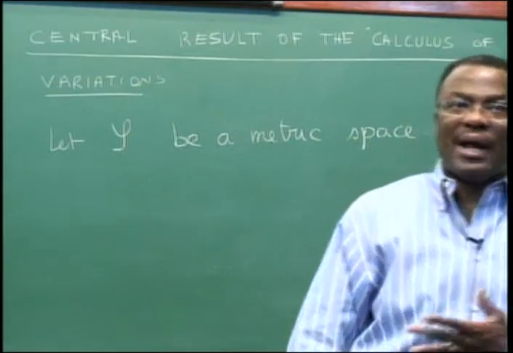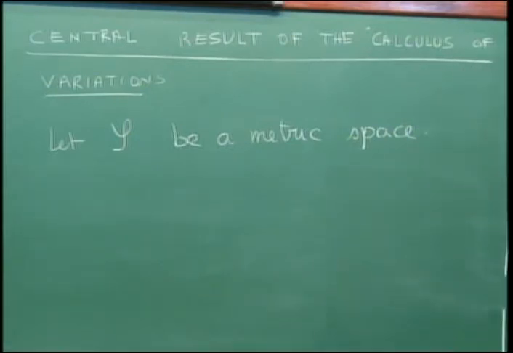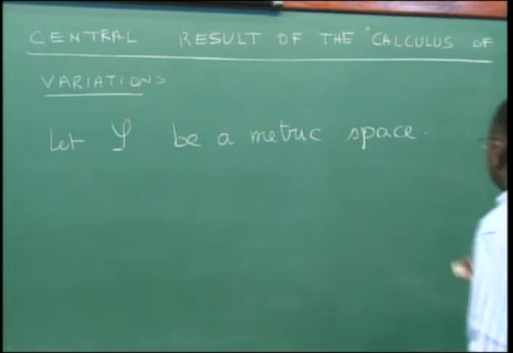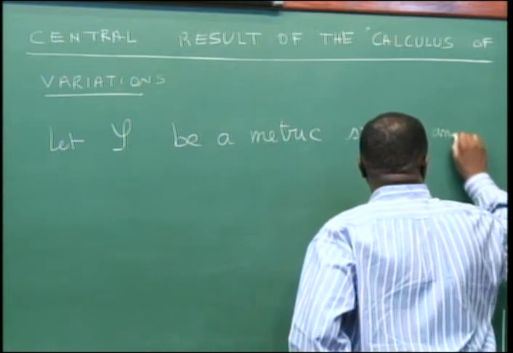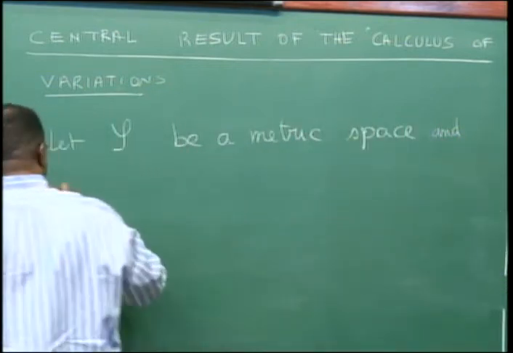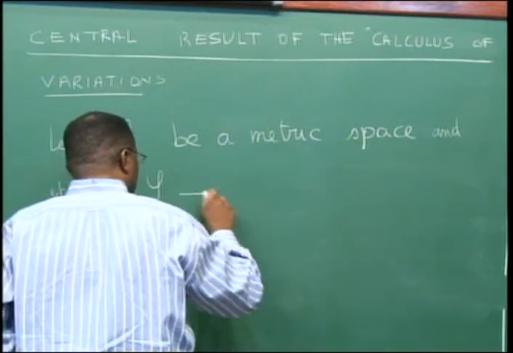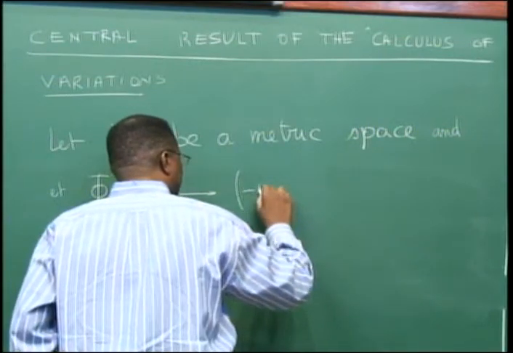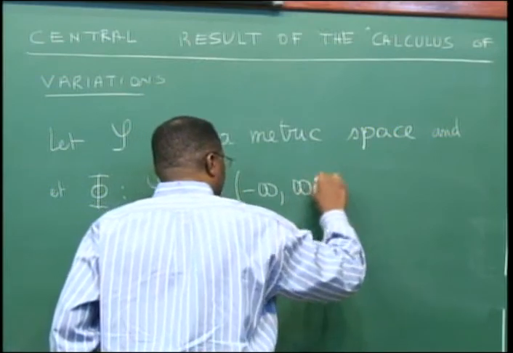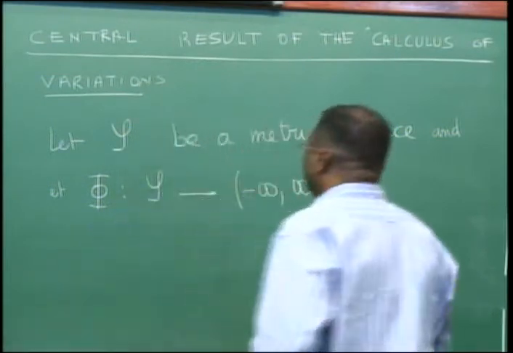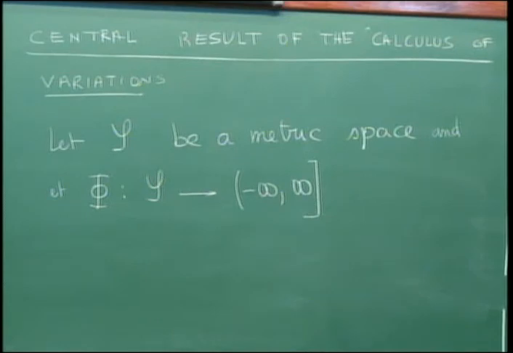So in fact, all I need is to take a topological space such that every compact set is closed. And being a Hausdorff topological space is enough. And let phi be a functional from X to negative infinity plus infinity, possibly taking the value plus infinity.